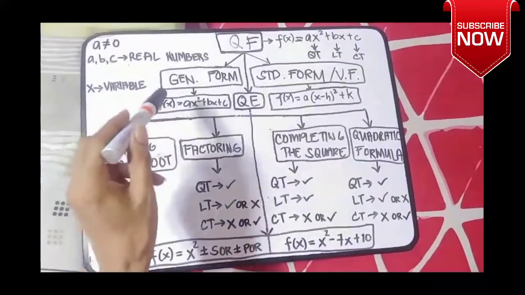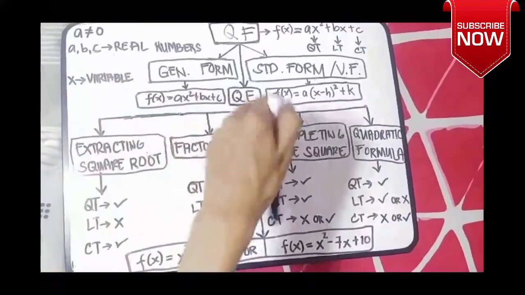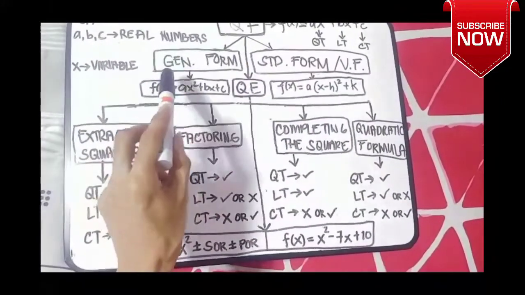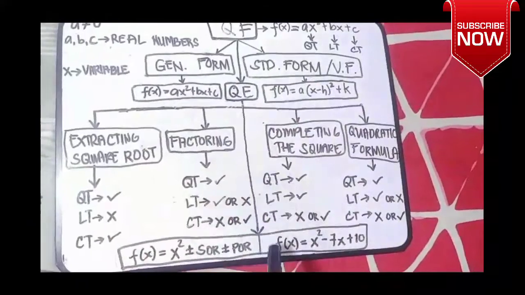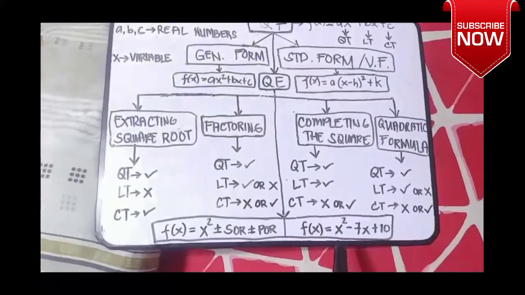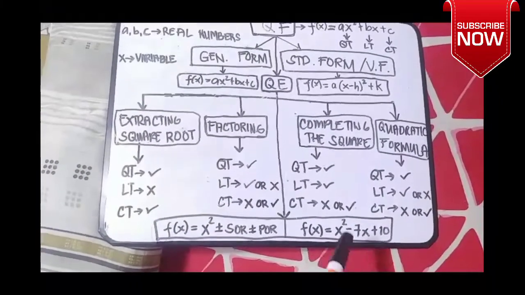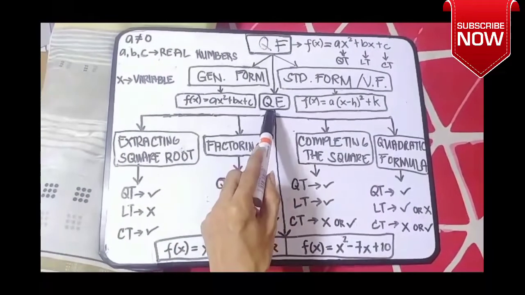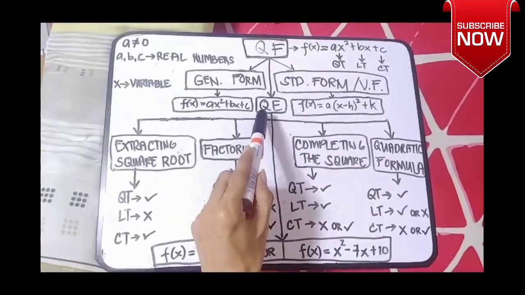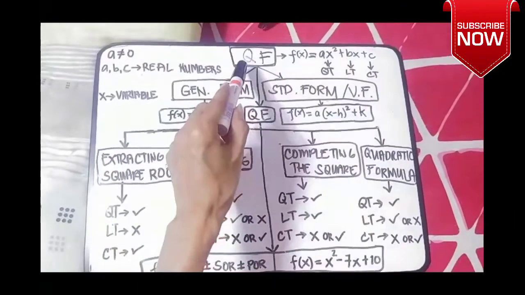Now, if either of the two forms of quadratic functions, the general form or standard form or vertex form, contains numbers, diyan napapasok ang ating tinatawag na quadratic equation. Again, quadratic equation is different from quadratic function.